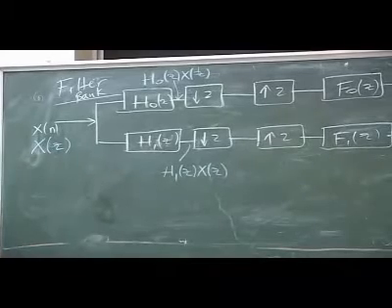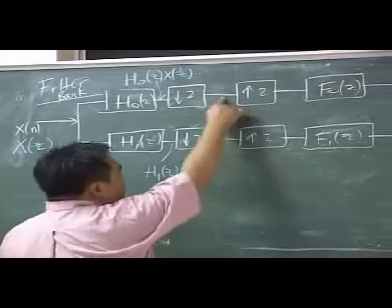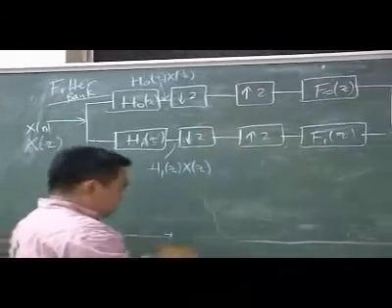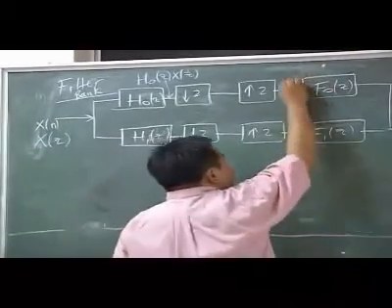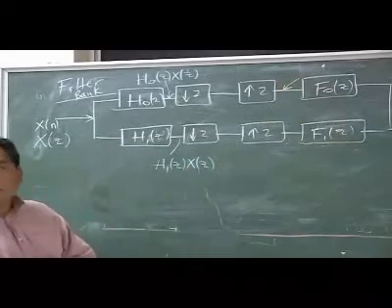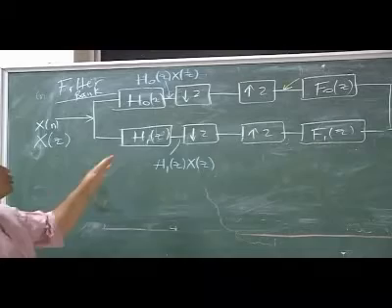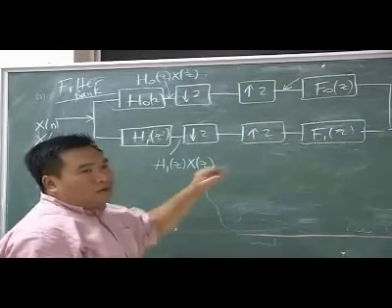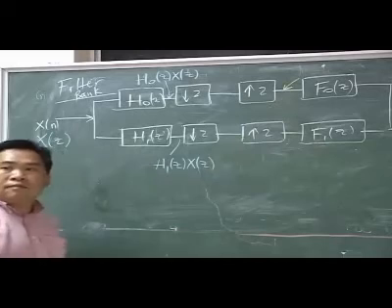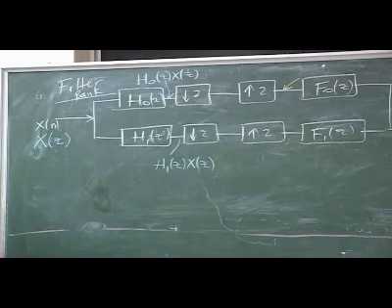I leave it as an exercise for you to look at this signal, but the easiest way to do it is directly going to here. So tell me, if this is X0 of Z, what is that? It's the same as X of Z, but in the even samples it is the same, and in the odd samples it will be equal to 0.